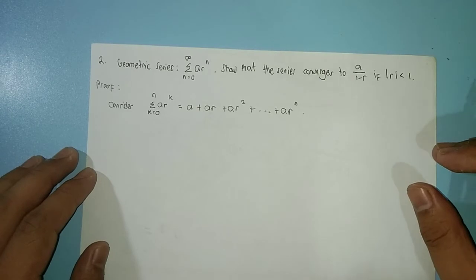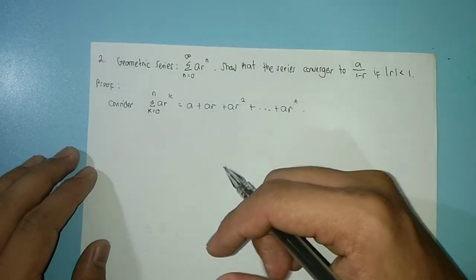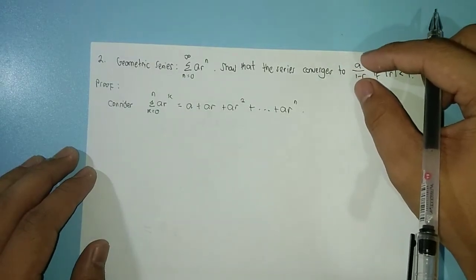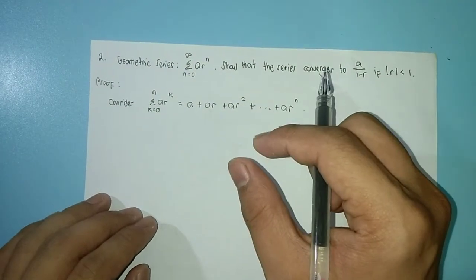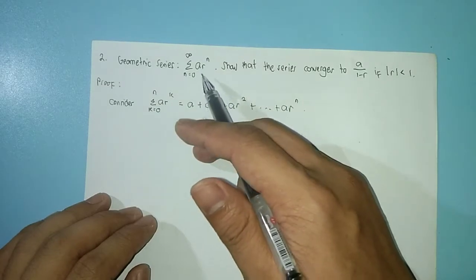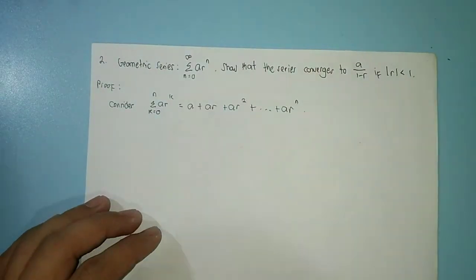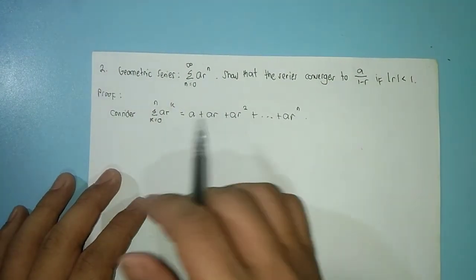So we must show that this converges to a real number, and that real number must be a over 1 minus r. Okay? So if its partial sum converges, then we can conclude that this series converges to it.